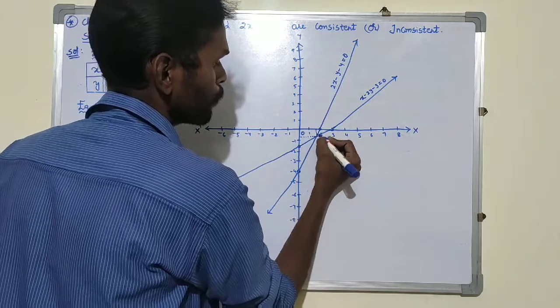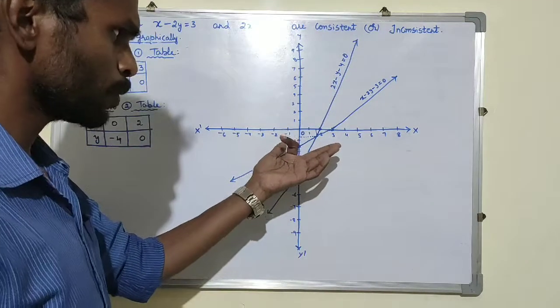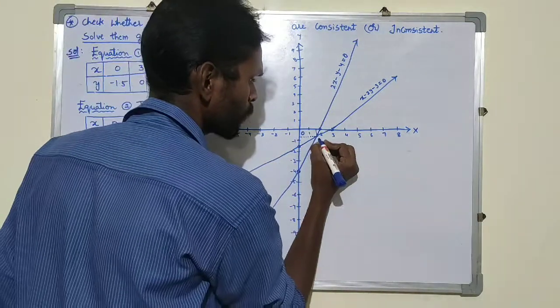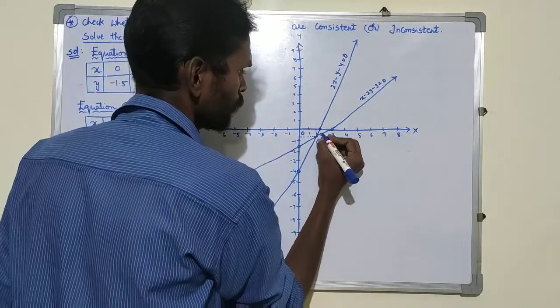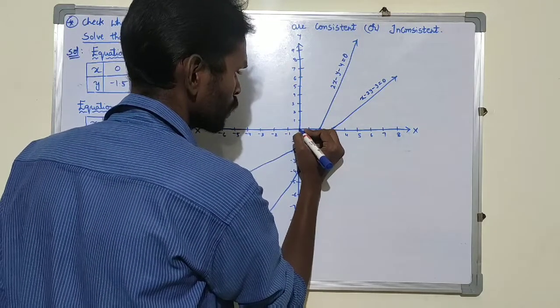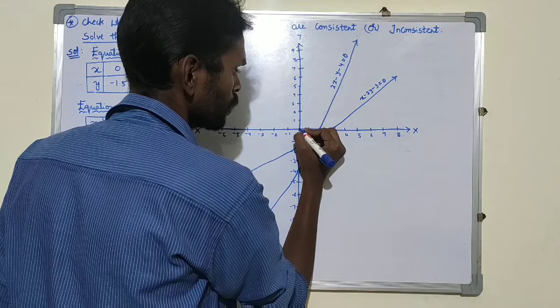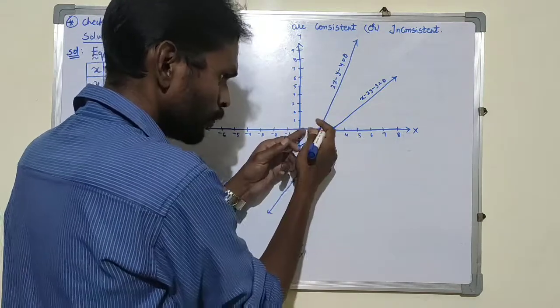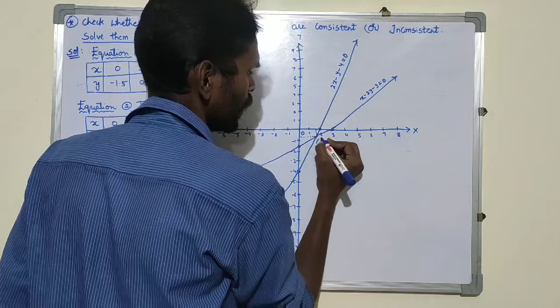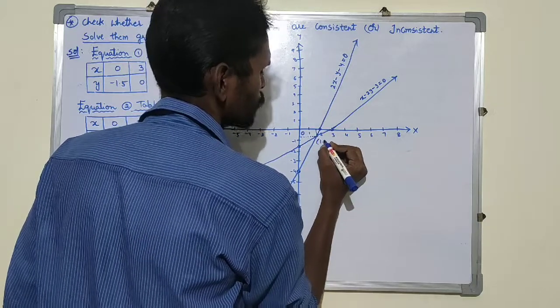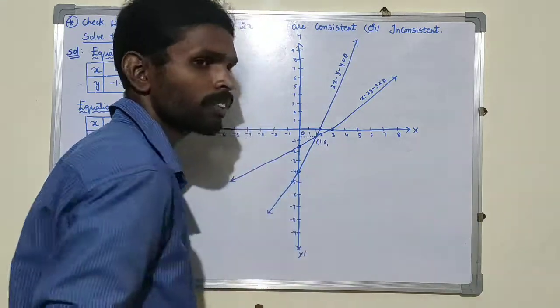So this is my solution. Approximately the solution will be, see, between 0 and minus 1, and between 1 and 2. So it will be between 1 and 2. It's approximately equal to 1.6.